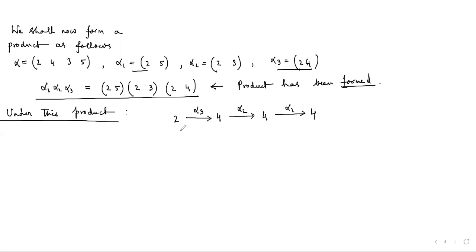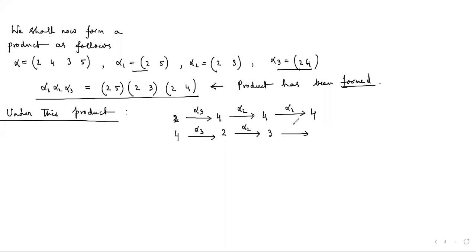I have chosen 2 first because the first element of the cycle alpha is 2. Let us consider the second element of the cycle alpha, which is 4, and look at the changes with respect to the permutations alpha 3, alpha 2, and alpha 1. Under alpha 3, 4 is going to 2. Under alpha 2, 2 is going to 3.